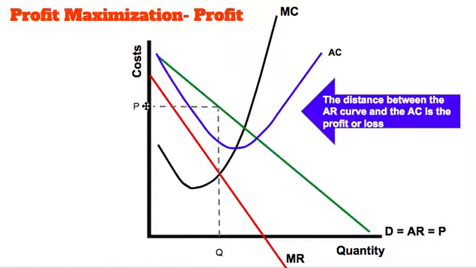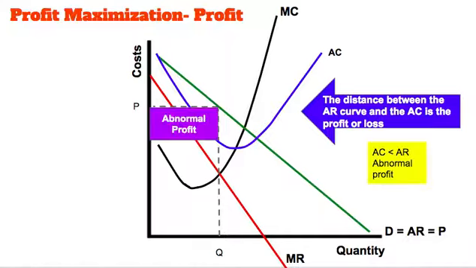When I see this is my price and this is my quantity, I know profit is revenue minus costs. So here's my average revenue for that price, and here's my average cost for that price. The distance between the average revenue curve and the average cost curve is either my profit or loss.